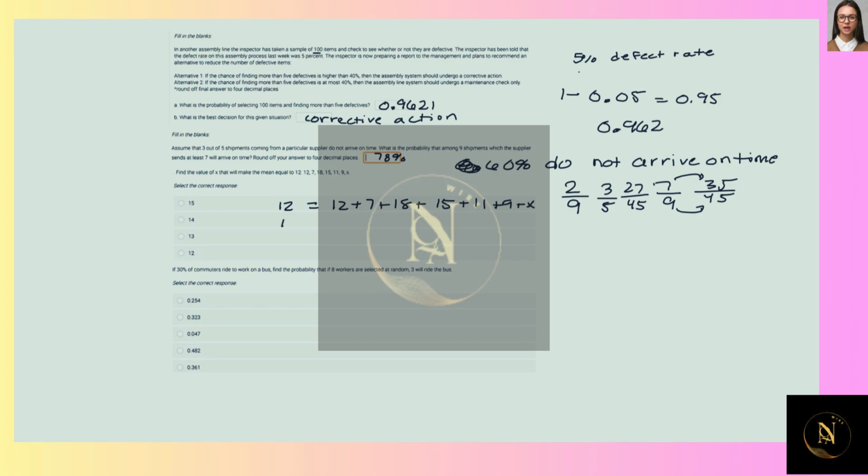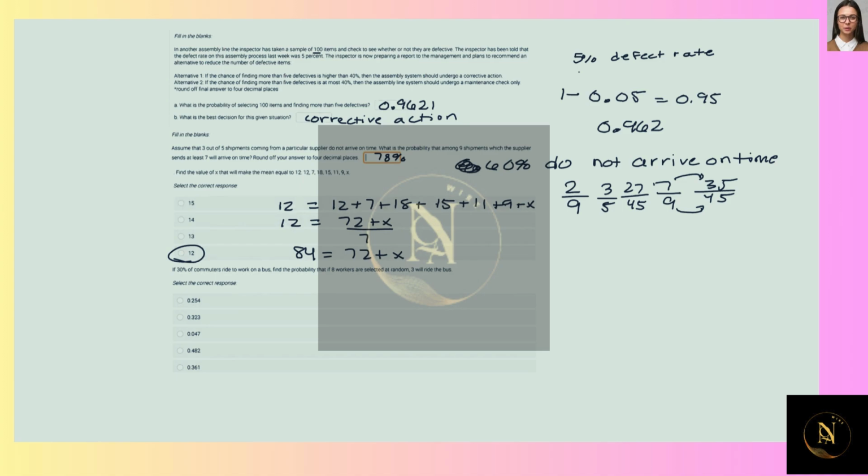And so that's 72. So 12 equals 72 plus x divided by 1, 2, 3, 4, 5, 6, 7. And so 7 times 12 is 84. 84 equals 72 plus x. And so that would be 12.